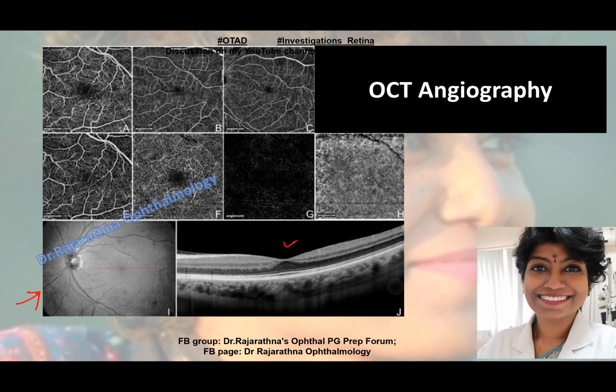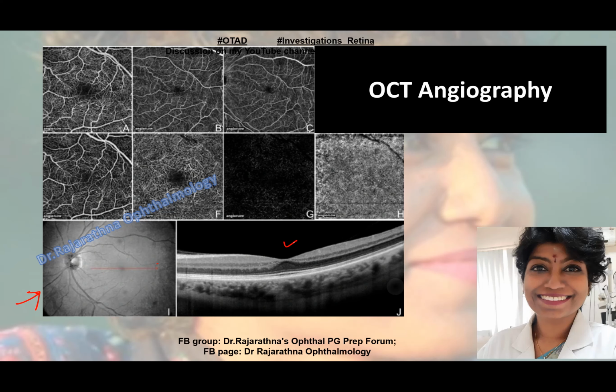So you are seeing very minute details there on A, B and C. Okay, so A is this smaller square area, 3 by 3 millimeter, and B is 6 by 6 millimeter area that you're seeing, and C is an 8 by 8 millimeter area you're seeing.